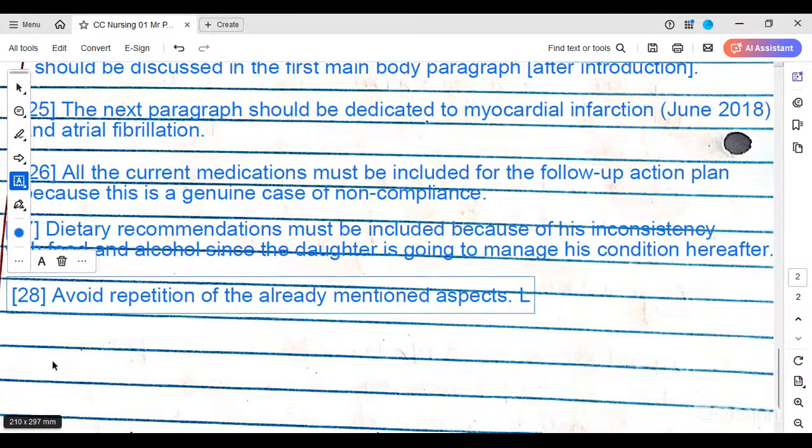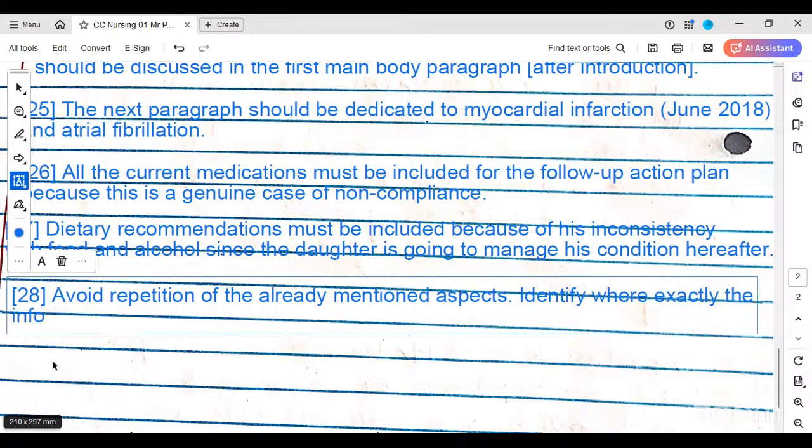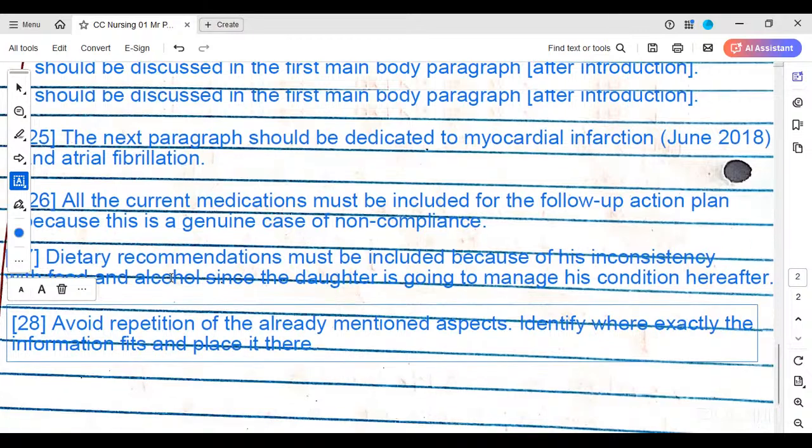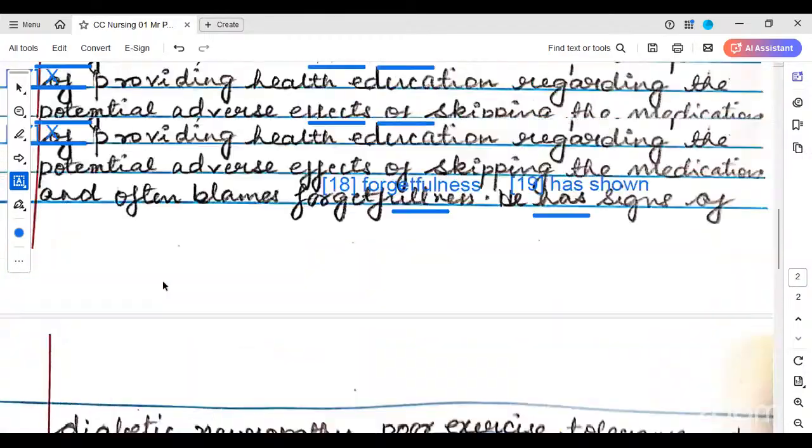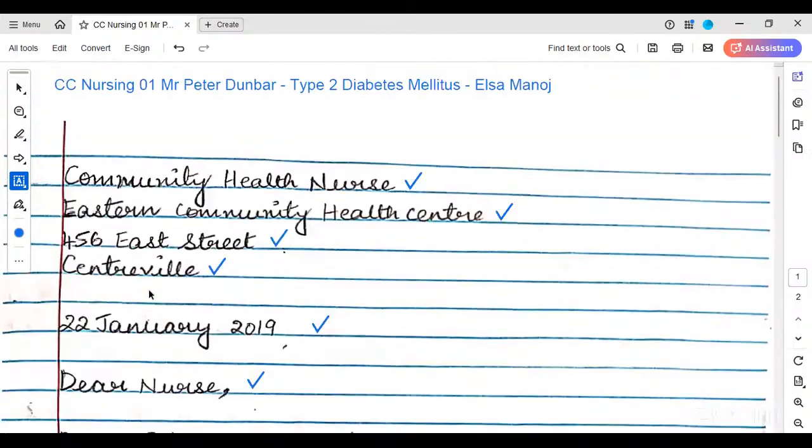Try to identify where exactly the information fits best and place it there. So don't repeat in two places. Fine. So this is the letter. You have to follow all these things, right?